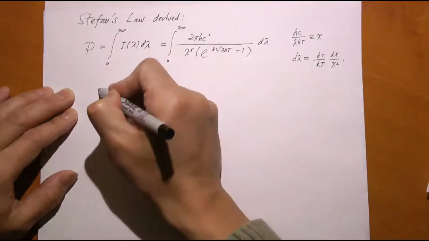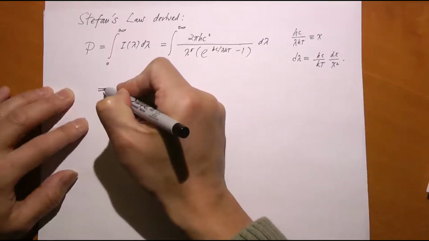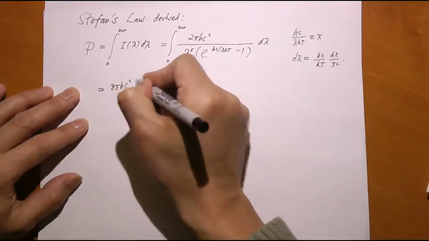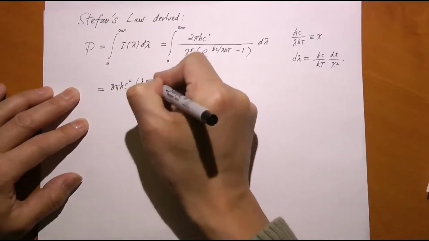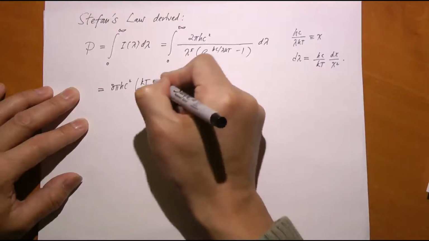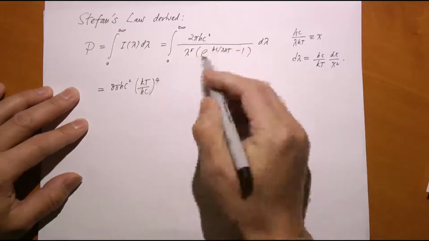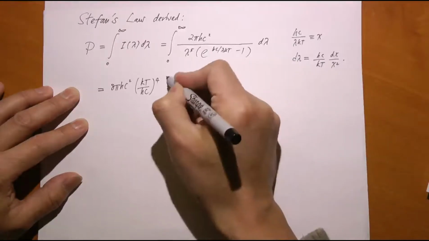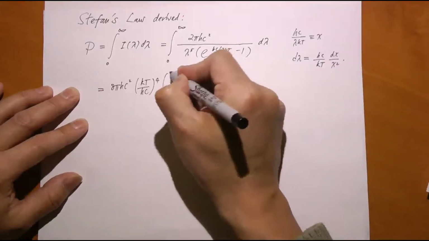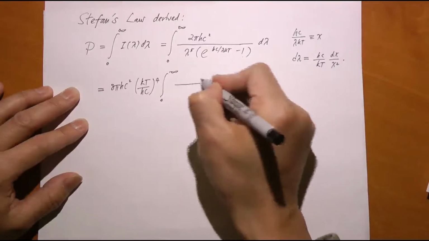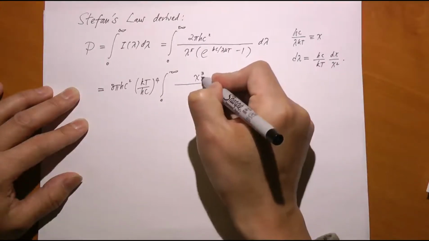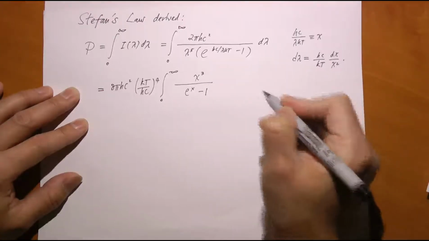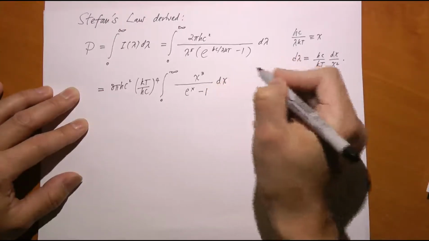Take all the constants out, and here's what we get. You're going to get 8 pi hc squared, and then kT over hc to the power 4. That actually comes from here and there. And then you are left with an integral, x to the power 3 over e to the power x minus 1, dx.